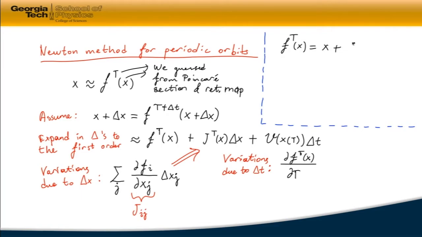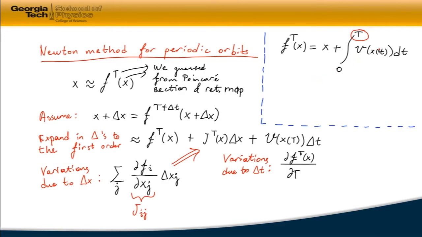Initial point plus the integral of the velocity function along the trajectory. In this definition, capital T appears only at the upper boundary of the integral.